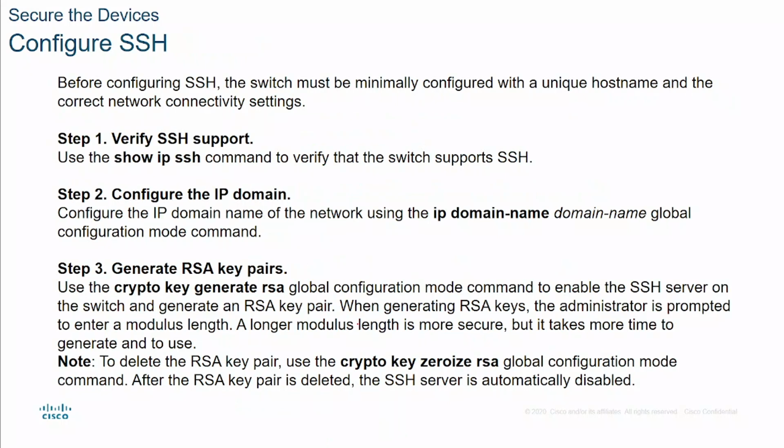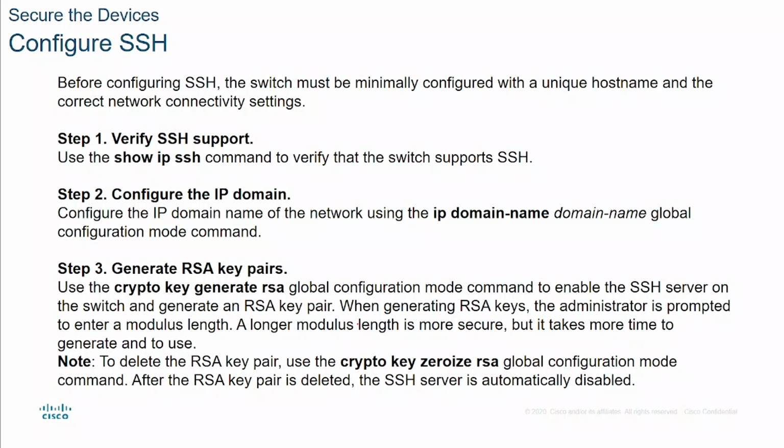Let's look at this before configuring SSH. The switch must be minimally configured with a unique hostname and the correct network connectivity settings. Verify first that the switch supports SSH, for example using the show ip ssh command.